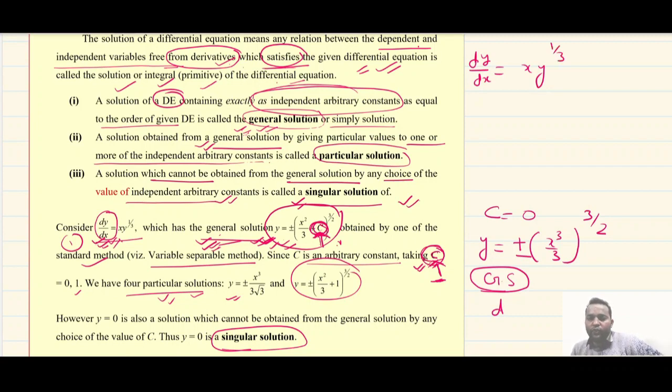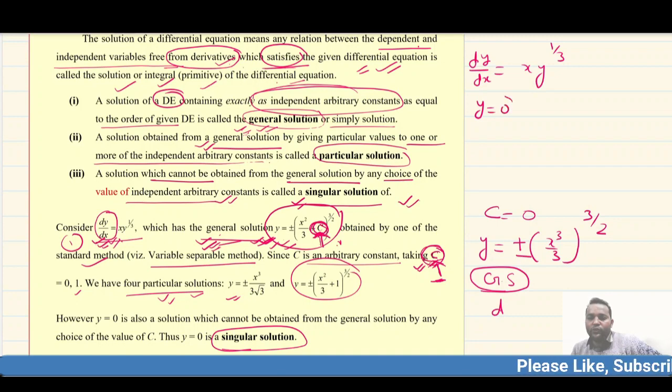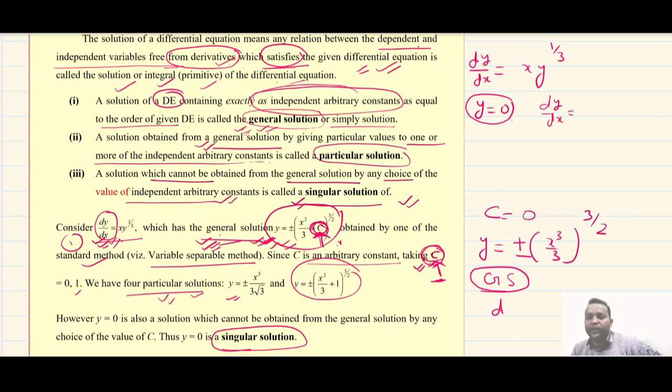Here, if we put y equal to 0, then dy by dx is equal to 0. That is, the left hand side is 0 when y is equal to 0. Also, the right hand side is again 0 when y is equal to 0. Therefore, we can say that y equal to 0 is a solution of this differential equation.